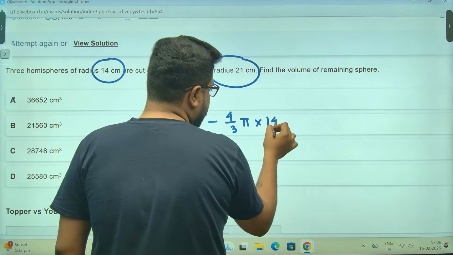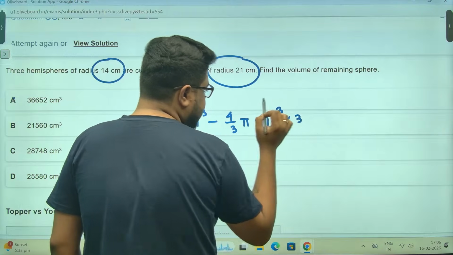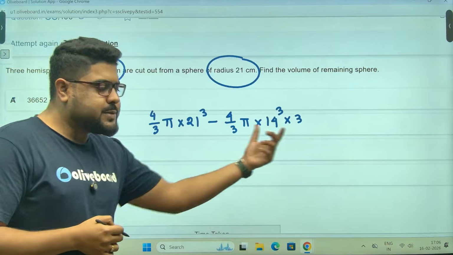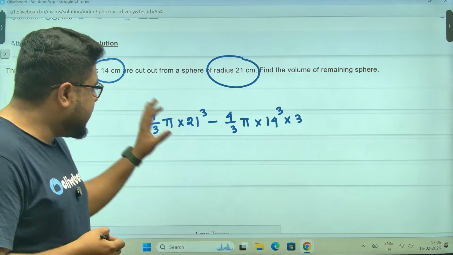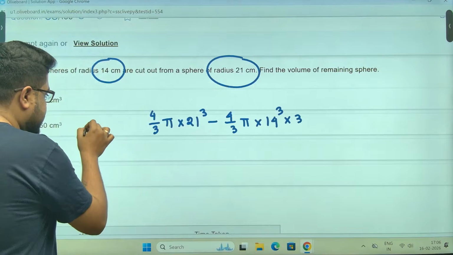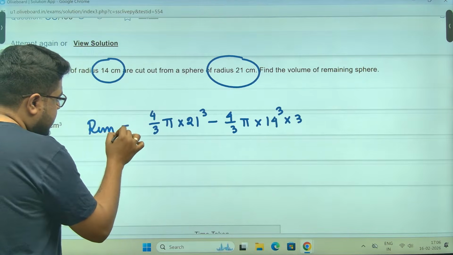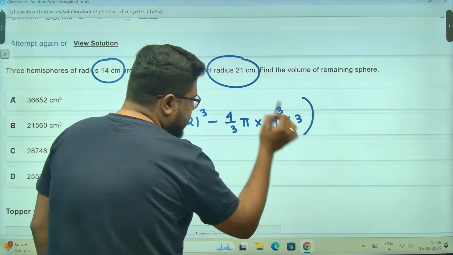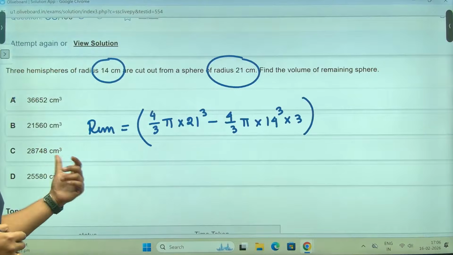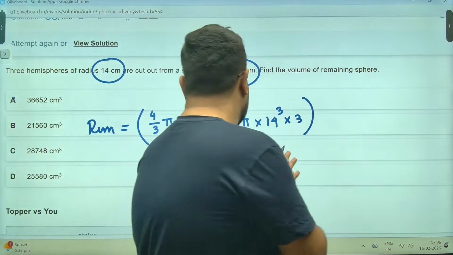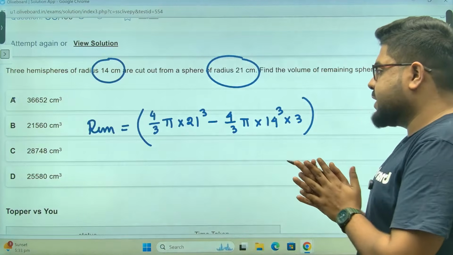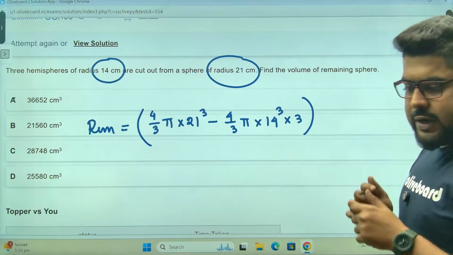So 14 cube, but three of such cubes I'm cutting out. So the remaining volume will be this. But the calculation and matching the option is a little tricky. Let's see if I can do something.